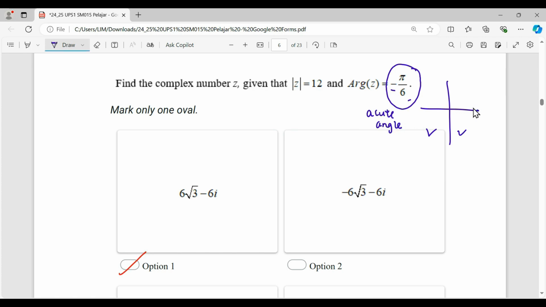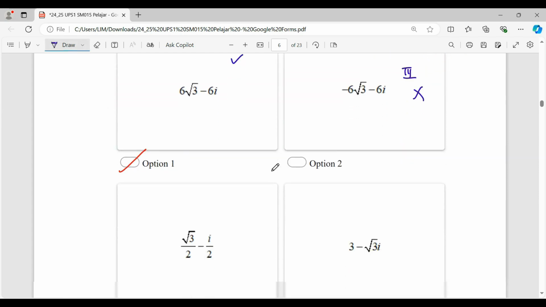When we have an acute angle, it will fall in quadrant 4, because for quadrant 3 you need to open more than 90 degrees; it's supposed to have an obtuse angle. So pick the complex number in quadrant 4. Positive, negative, this might be our answer. This one negative, negative, quadrant 3, will not be our answer.